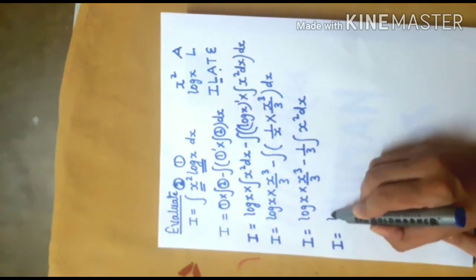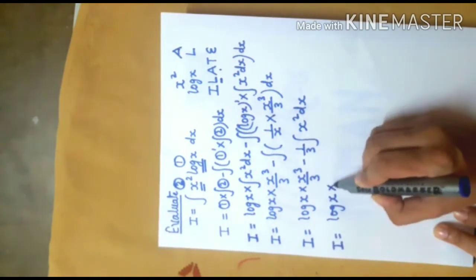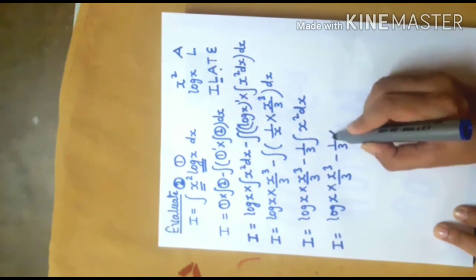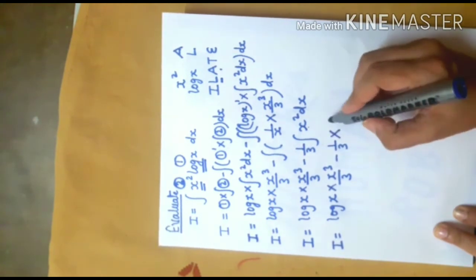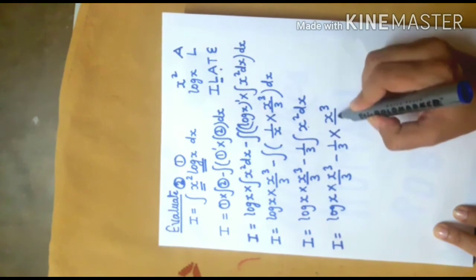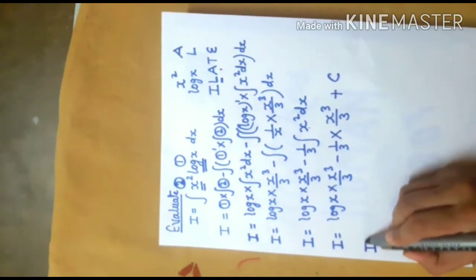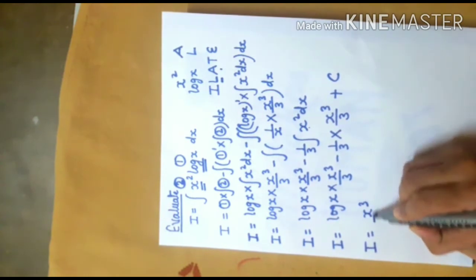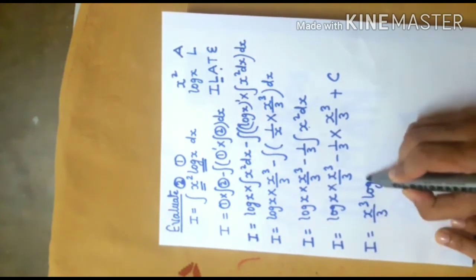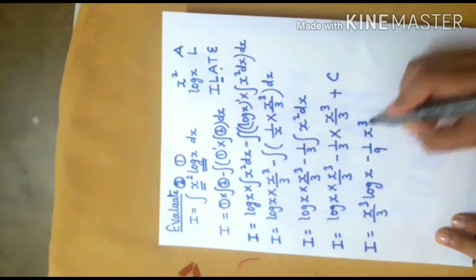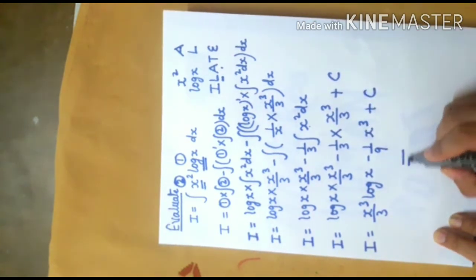So I will be equal to log x into x cube by 3 minus 1 by 3 into integral of x square is x cube by 3 plus c. So I is x cube over 3 into log x minus 1 by 9 into x cube plus c.